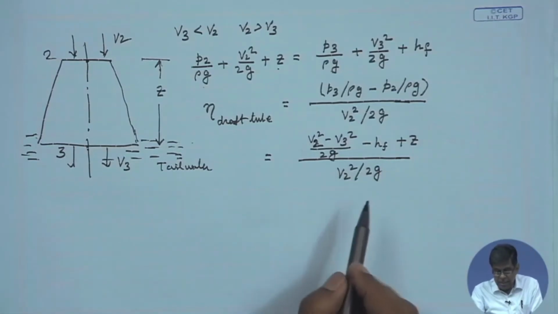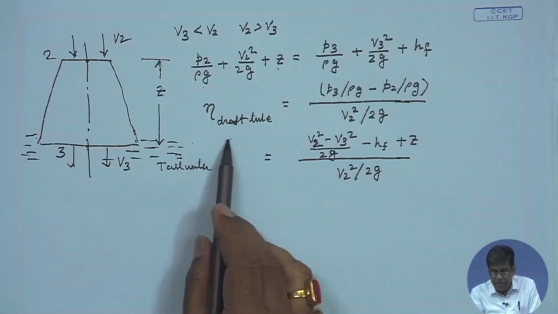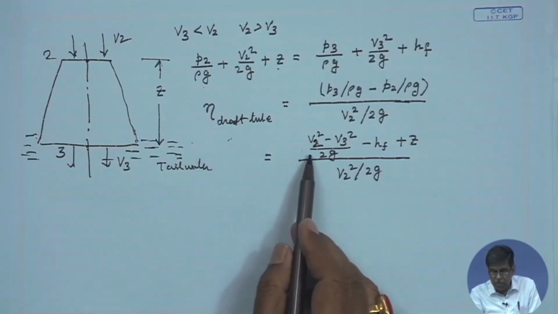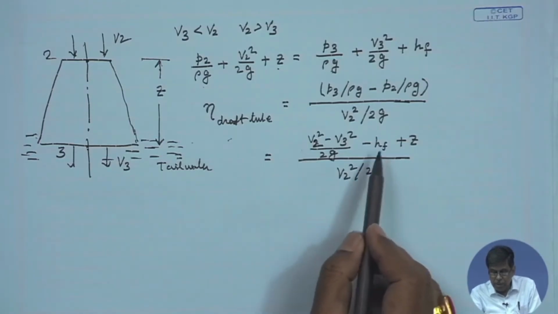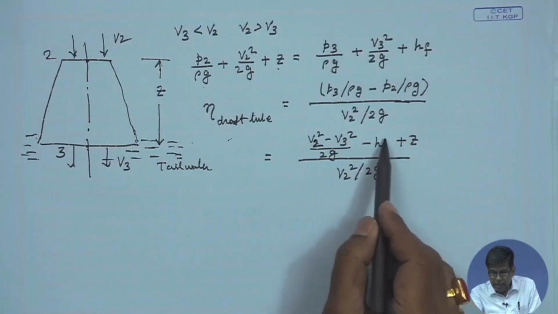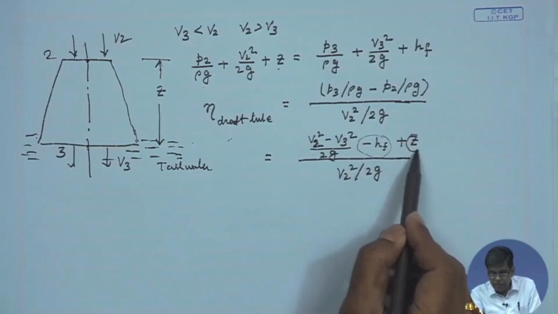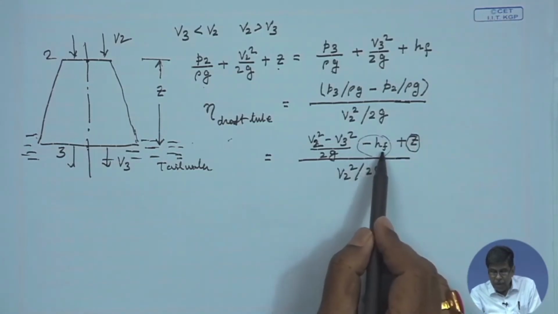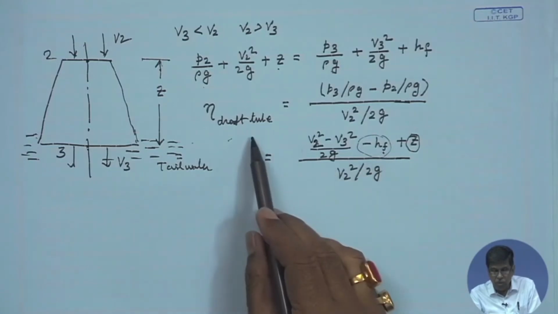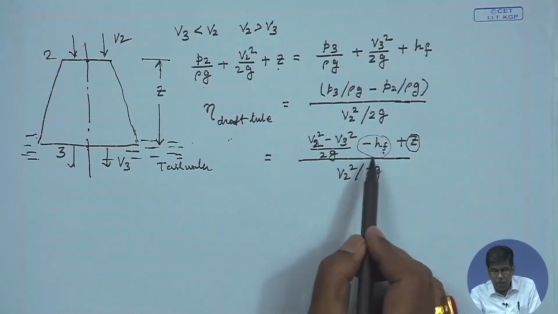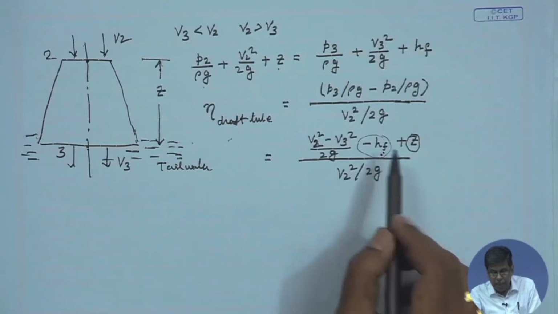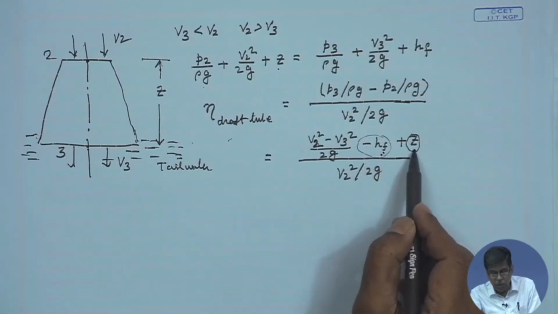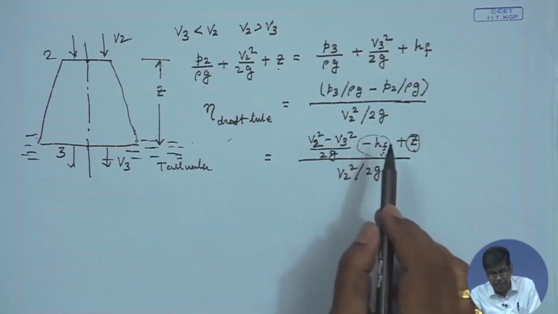And here we see that the efficiency depends upon many things, mostly this Hf and Z. If we have more losses, the efficiency will be less. So, the losses should be low, and at the same time Z has to be low, but Z has got another restriction in the cavitation.